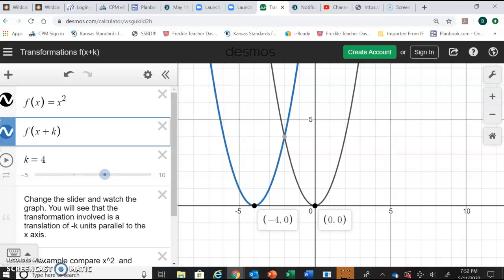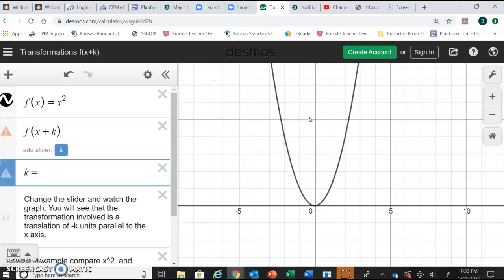You actually need to shift it in the opposite direction. So it made sense when it was f of x and then plus k outside the parentheses. When it was plus k outside, if it was positive, it went up, and negative, it went down. But moving left to right, it seems that when it's plus a positive inside the parentheses, you're shifting it left. It's actually the opposite direction of what you would think. You shift it left when it's a plus positive.